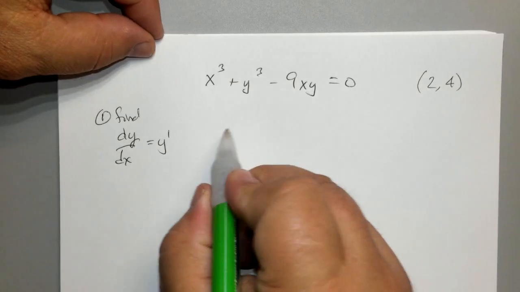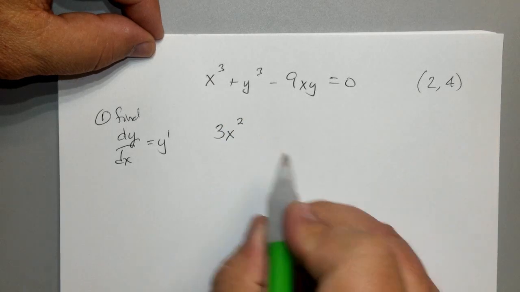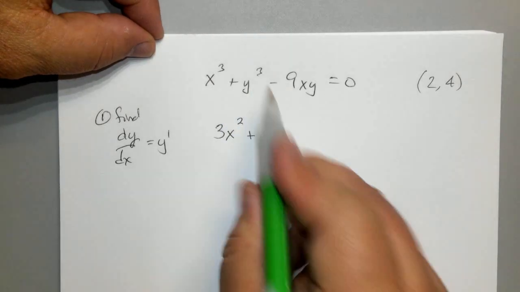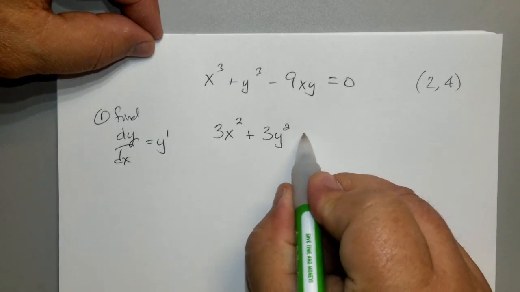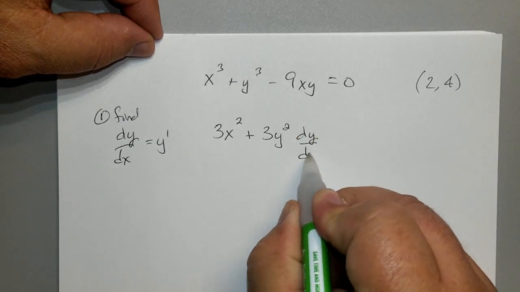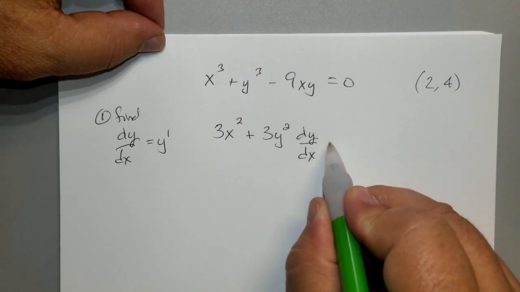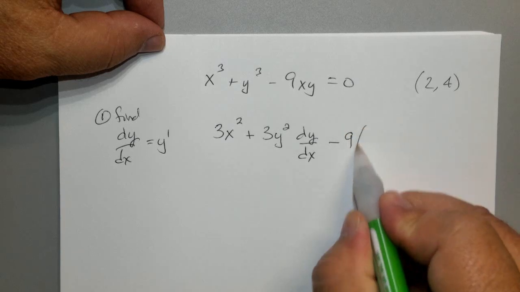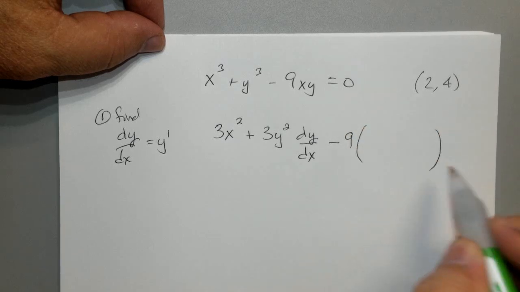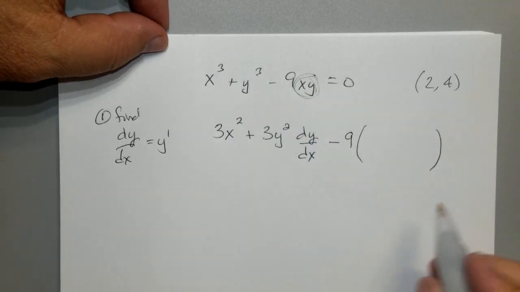So the derivative of x cubed is 3x squared. Derivative of y cubed, 3y squared dy/dx. Minus 9. This is a product, so we got to do the product rule.